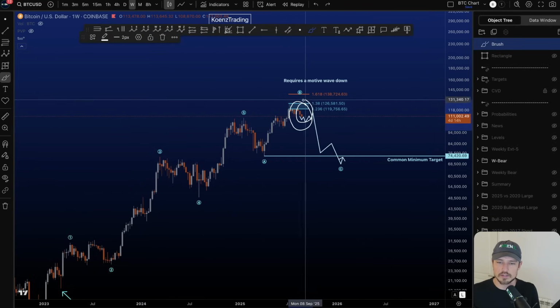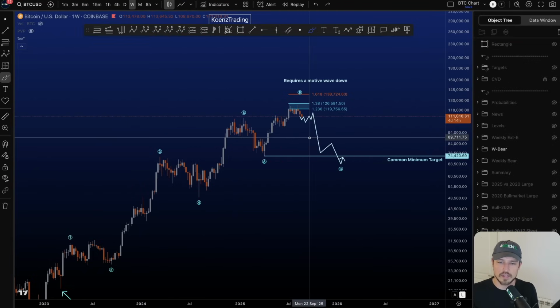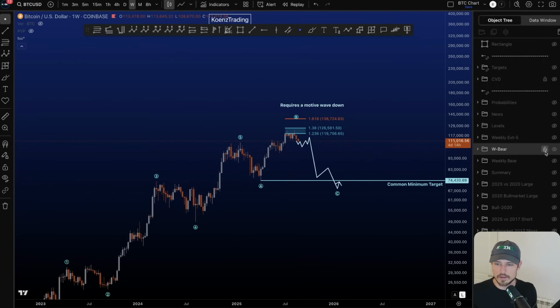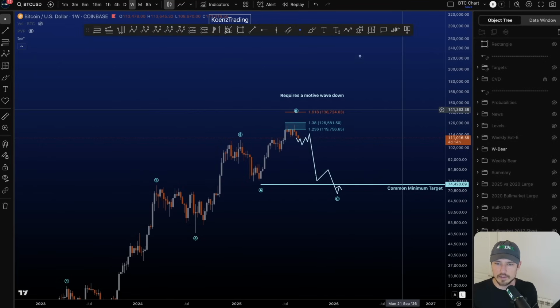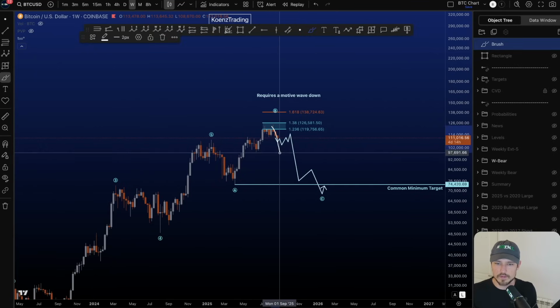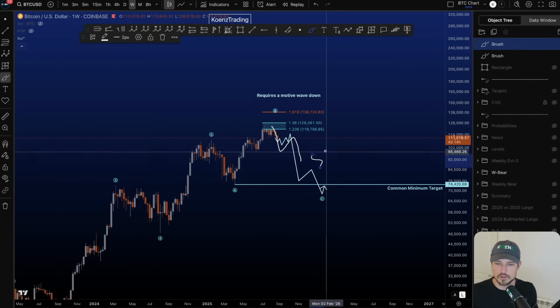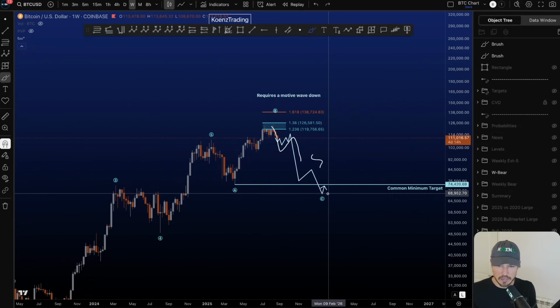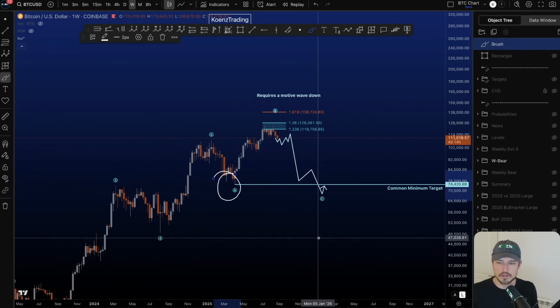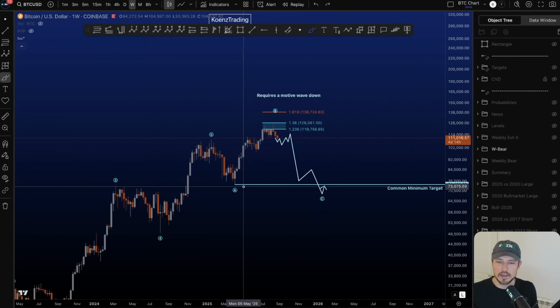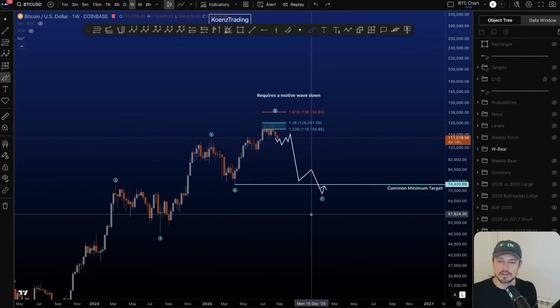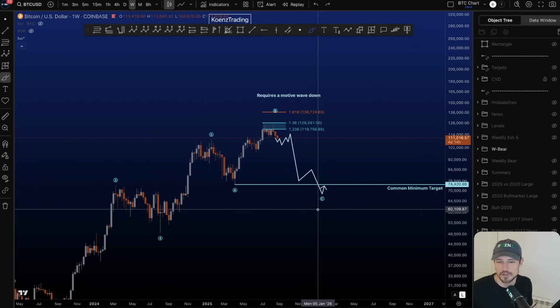But again, it requires an impulsive move down or motive wave down, which at the moment locally doesn't have the highest probabilities. Even if price would create a 5, a 3, 5, I would continue to prefer it to be a wave 4. Only if price is losing 74K and really starts moving below, that's where the wave 4 pretty much becomes invalidated.